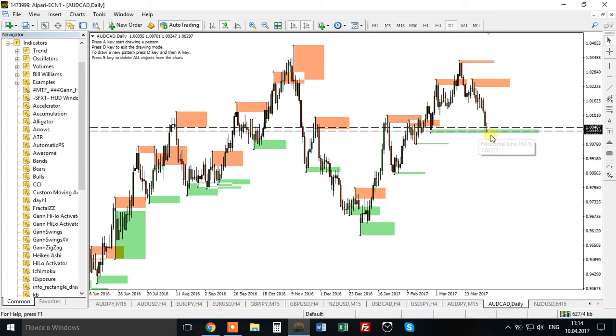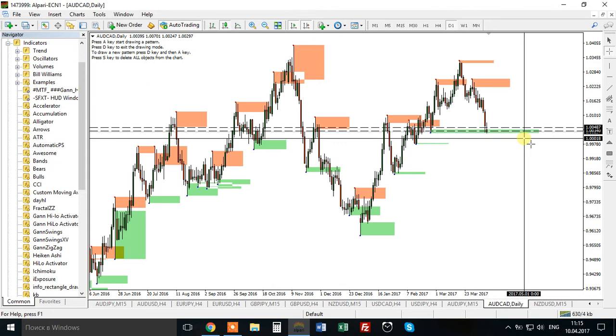So we have kind of factors lining up somewhere here. And if you notice the price, you can see 1.0034, 1.0048. So a parity number of 1.0000 is not very far away.